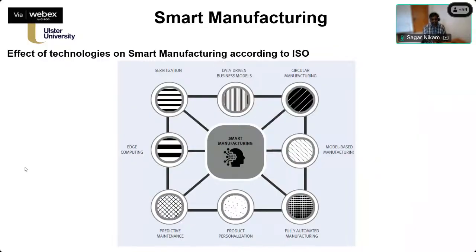Then model-based manufacturing, then it could be fully automated manufacturing. Then product personalization due to additive manufacturing, where we can manufacture a customized product for the customer. It is already being done in biomedical implant manufacturing, where customized implants are made. Then there is predictive maintenance, another approach that is evolving.